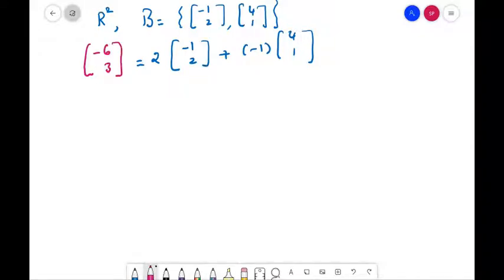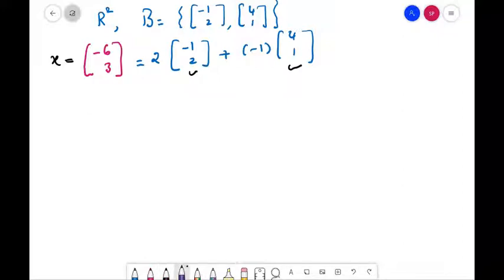So I'm coming from the other side of the problem. Later I'll explain again what it is. So if I take a vector x equal to (minus 6, 3) and these are basis vectors, then I'm writing this (minus 6, 3) as a linear combination of (minus 1, 2) and (4, 1). And what are the scalars I got here?